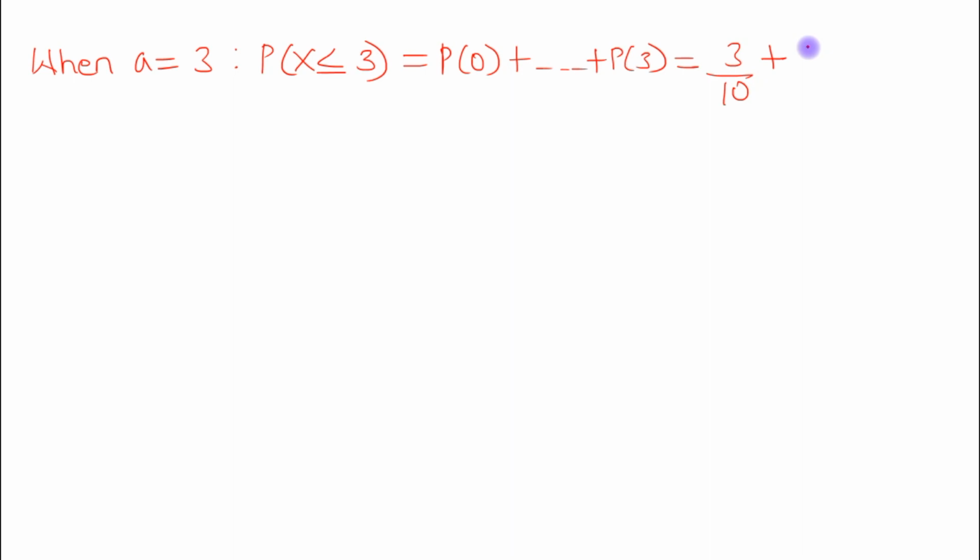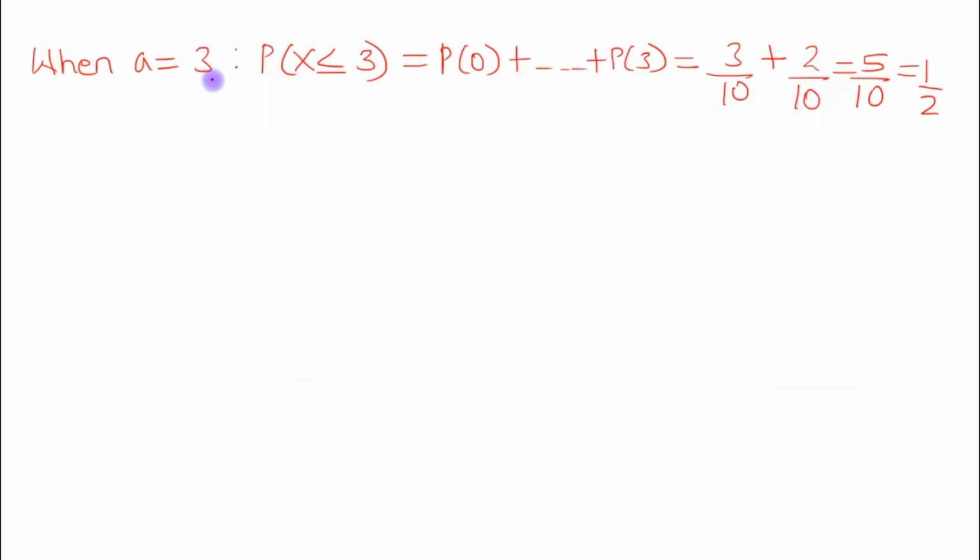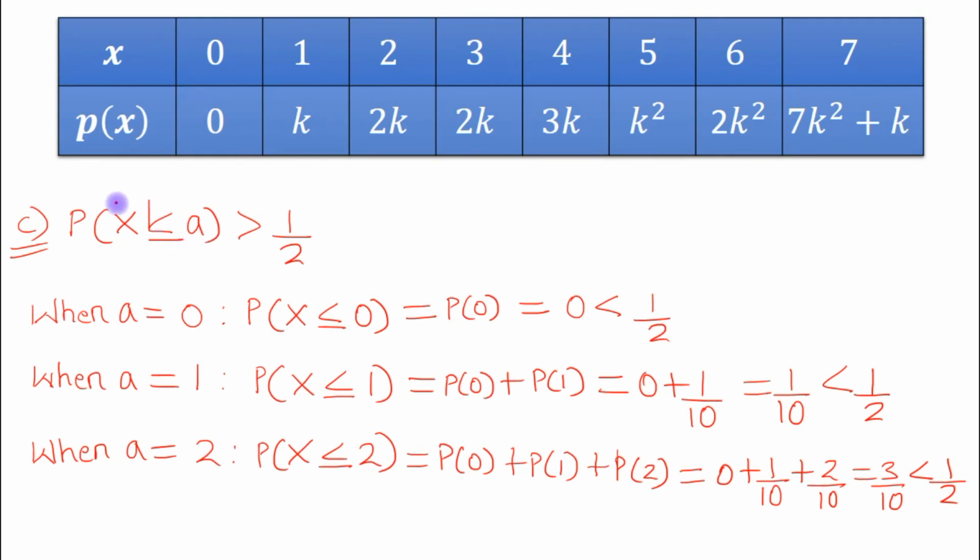So 2 by 10, it is 5 by 10. 5 by 10 is half, which is equal to half. But in our equation, p(x) less than or equal to a should be greater than half. So again, this value 3 will not satisfy this equation.